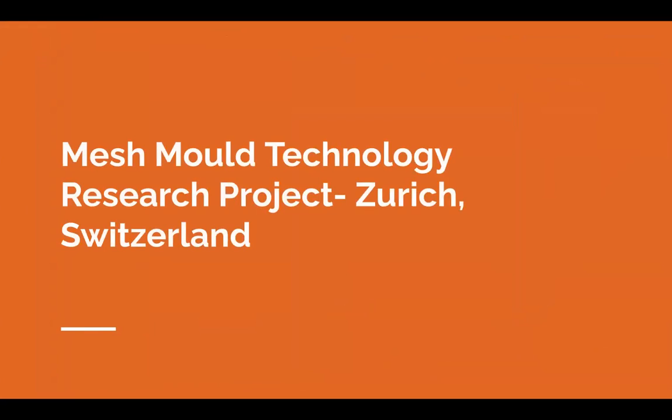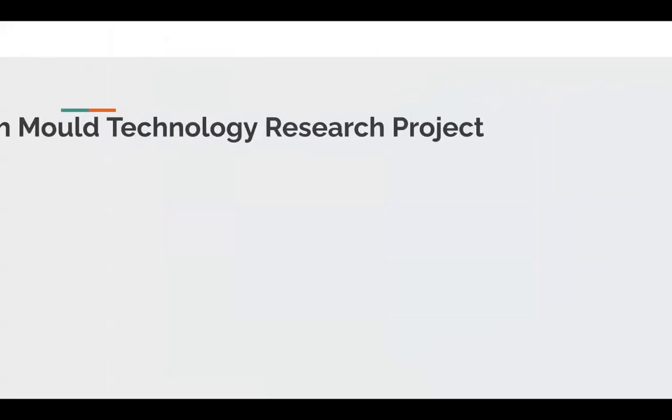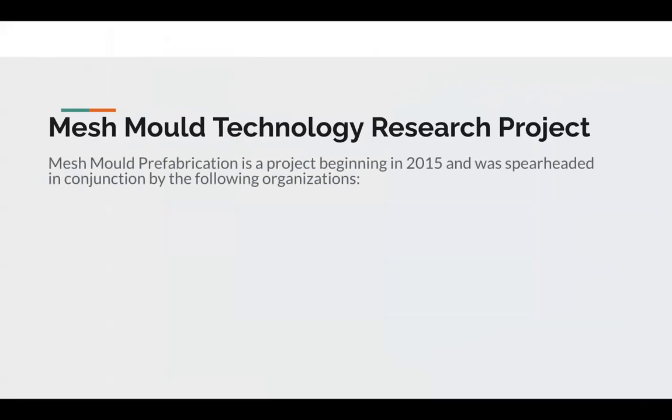This is a look at the mesh mold technology research project in Zurich, Switzerland, which is really the first time that someone had actually done research on the mesh mold technology itself. Mesh mold prefabrication is a project beginning in 2015 and was spearheaded in conjunction by the following organizations.